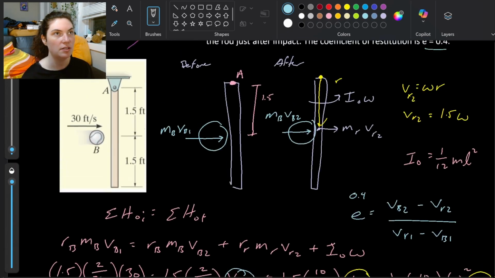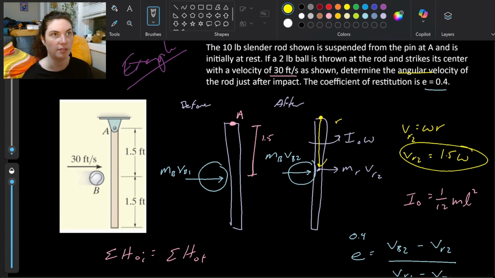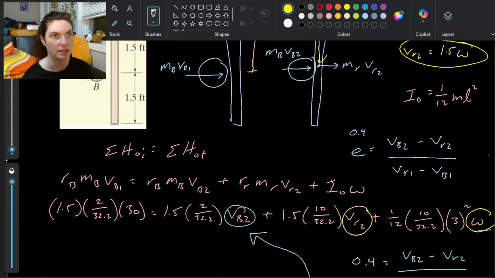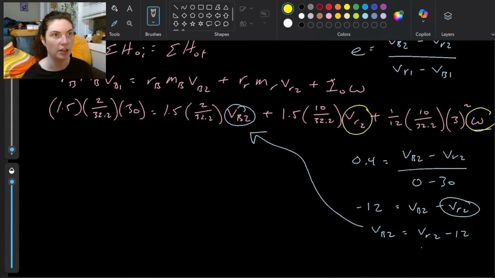And then I can also do this substitution at the same time, VR2 equals 1.5 omega, because my goal is I want to find that omega, that angular velocity. So I can substitute in for VR2 1.5 omega. Here it is again, 1.5 omega.